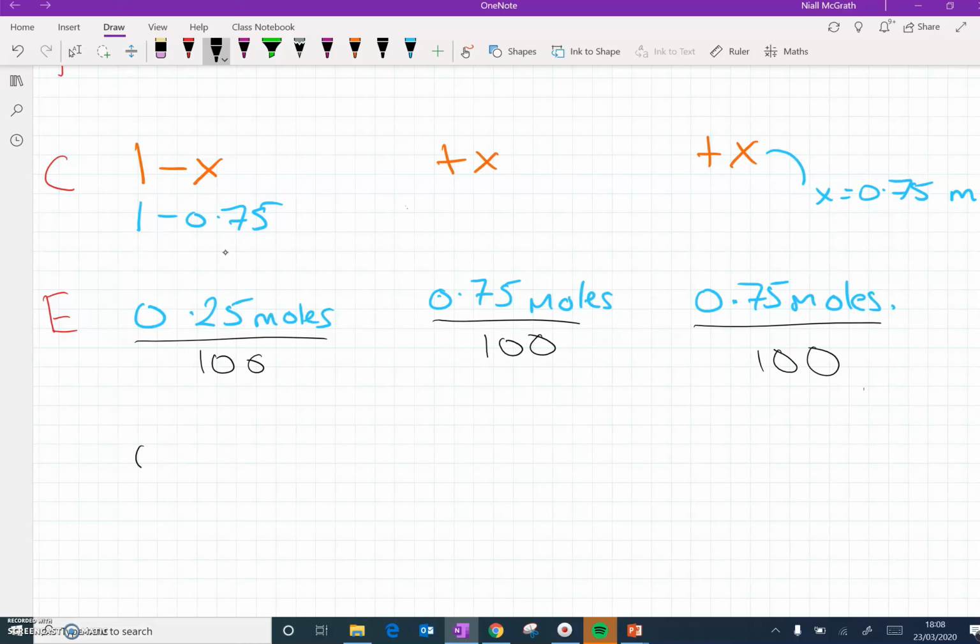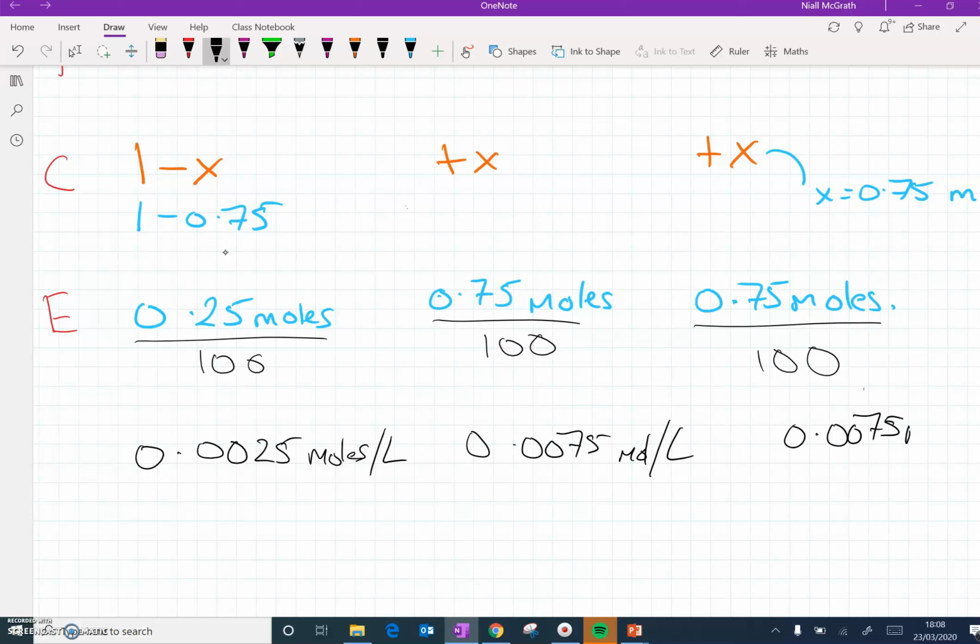So we're going to have 0.0025 moles per litre, 0.0075 moles per litre, and 0.0075 moles per litre, or just big M for molarity.